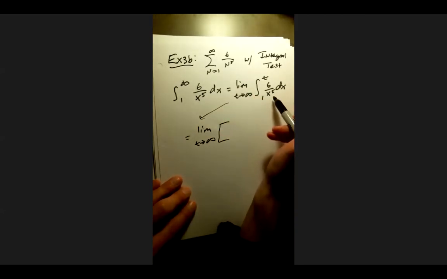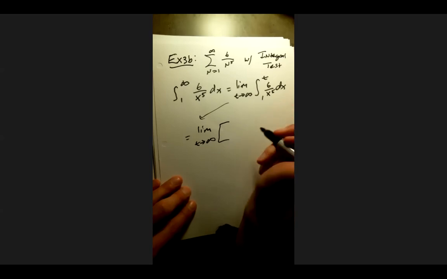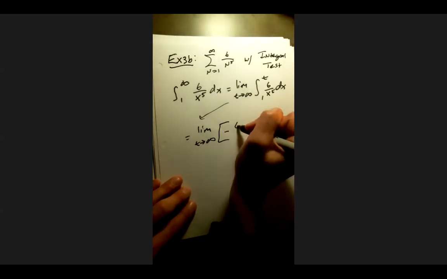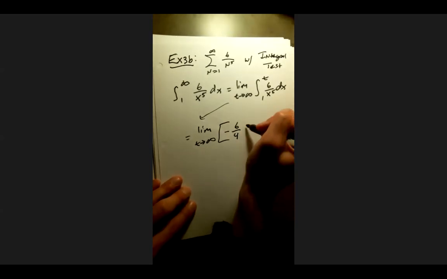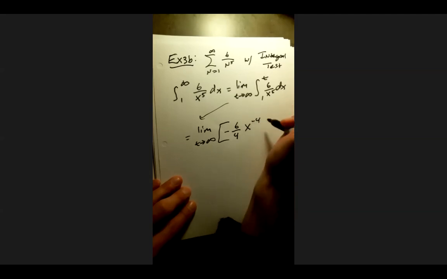The antiderivative of 6 over x to the 5th is negative 6 over 4 x to the negative 4th.